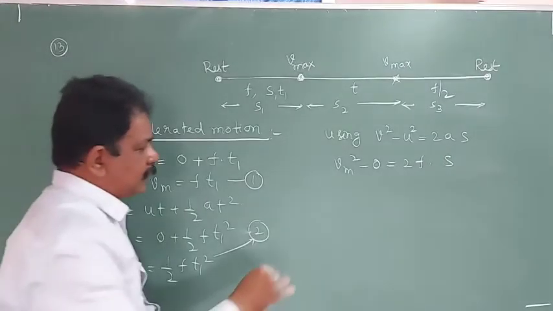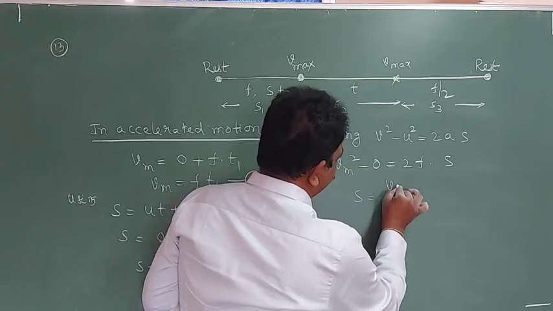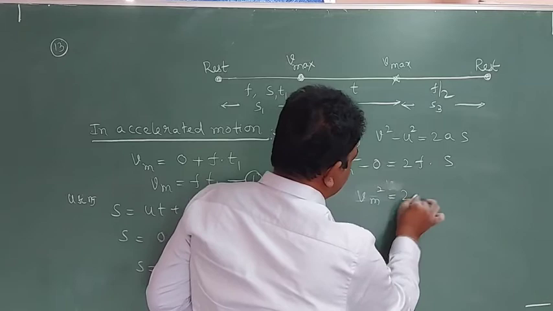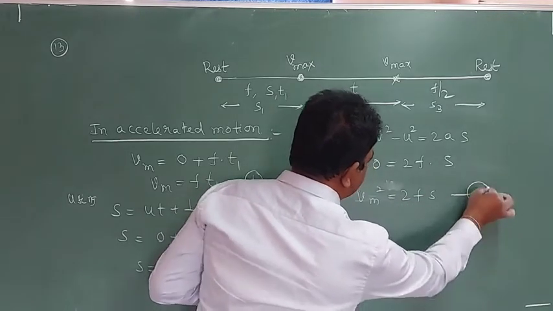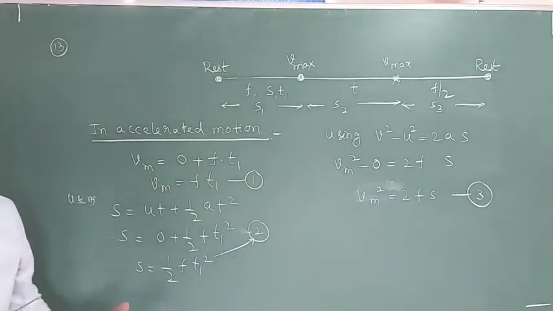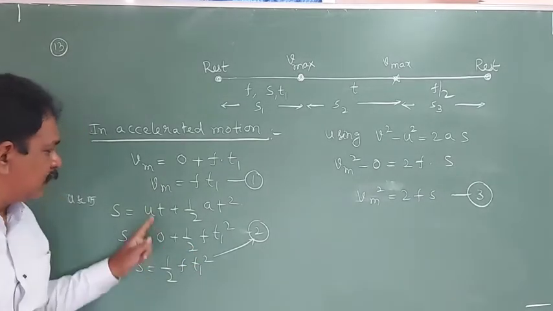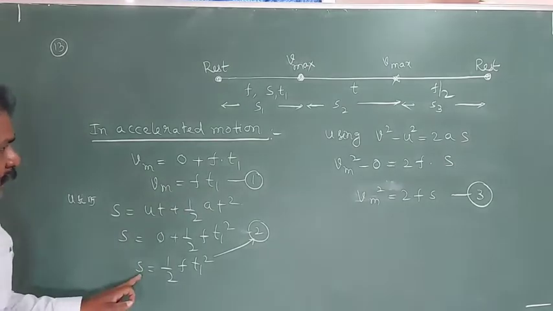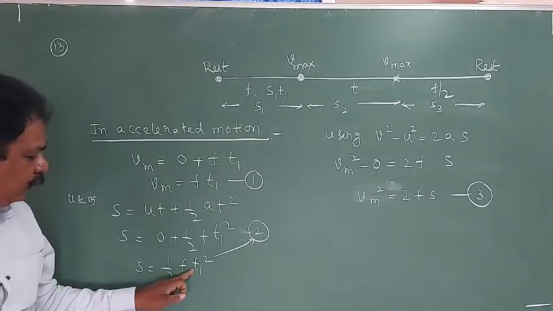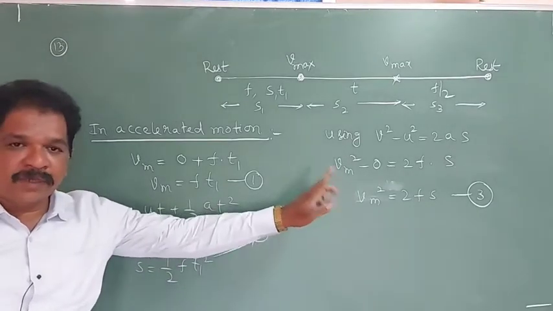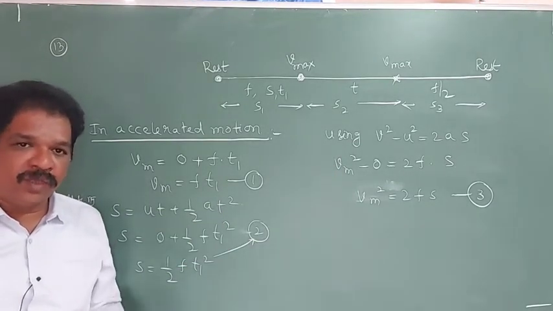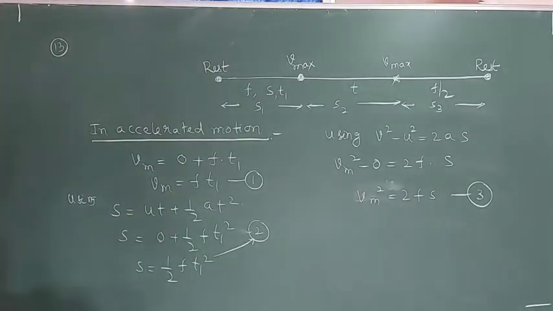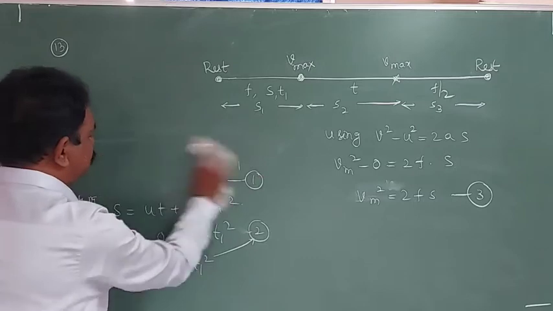So Vm square is equal to 2fs. Let it be third equation. 3 equations we got: Vm is equal to ft1, s is equal to half ft1 square, Vm square is equal to 2fs. Those 3 equations we got from accelerated motion.